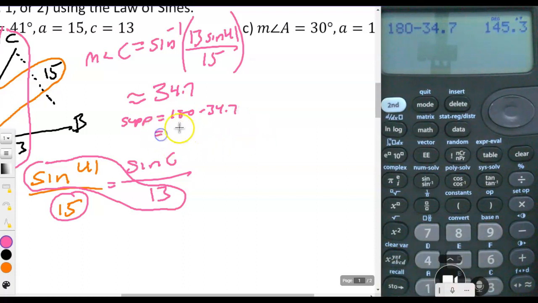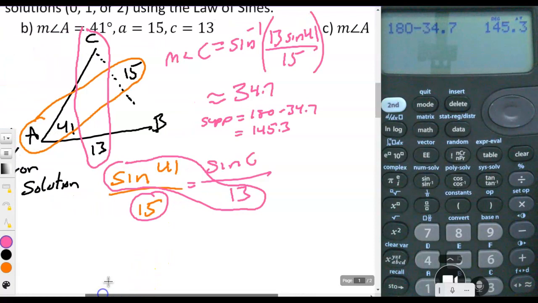So we got 145.3. Okay? So the last step is to actually check. Is the supplement plus the original, what's that relation to 180? So it's 145.3.